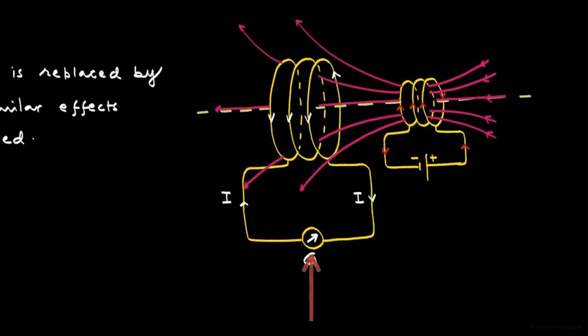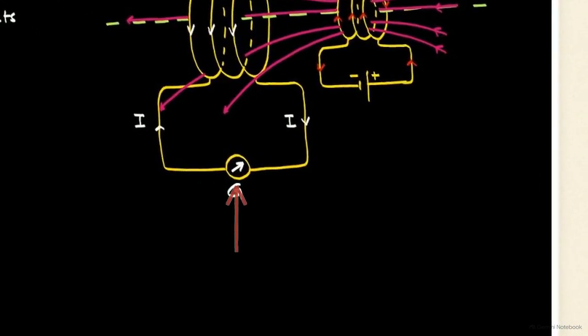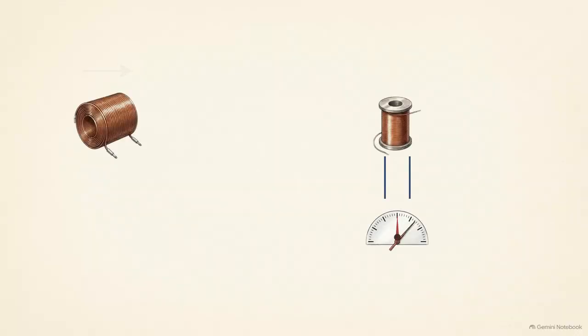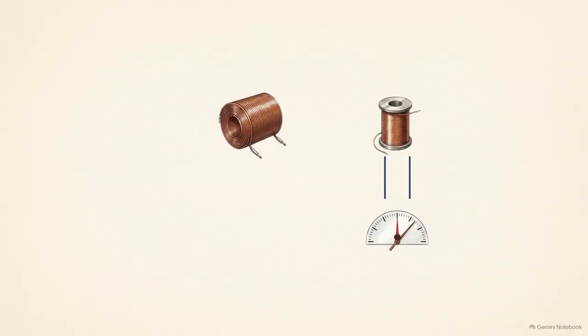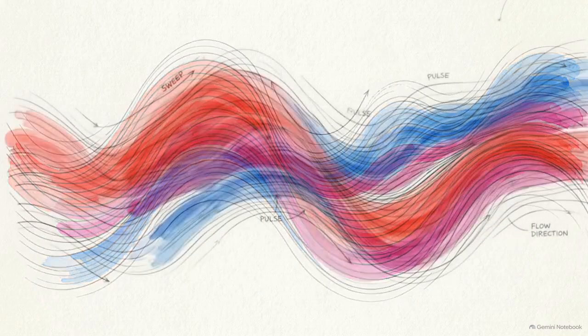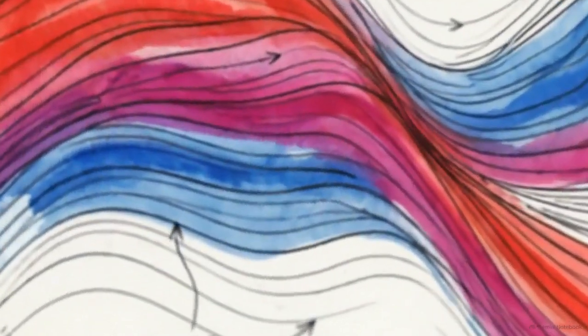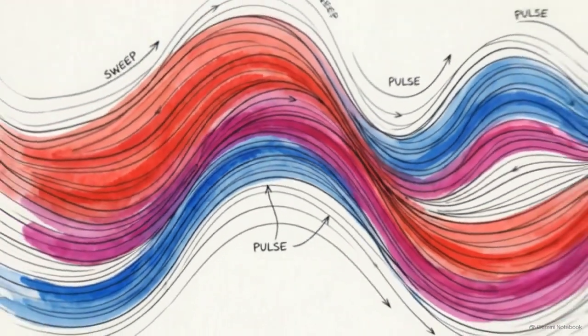The secondary coil's galvanometer deflects exactly as it did when the solid bar magnet was used. Reversing the physical motion of the primary coil reverses the direction of the current in the secondary coil. This confirms that the physical nature of the magnetic source is irrelevant. The induced current only reacts to the magnetic field lines themselves.